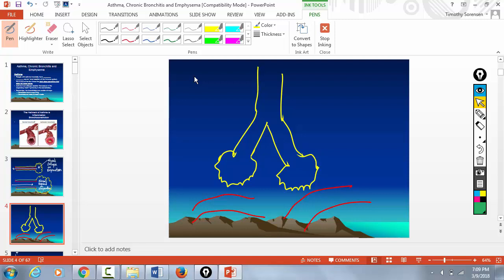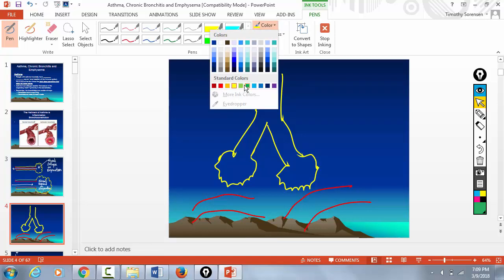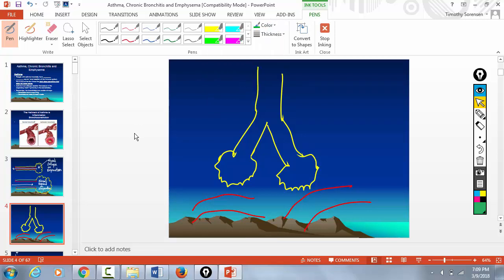So these people, you ever hear a smoker cough in the morning? Then they turn red. Look like they're going to die. But they don't. So basically they have this overproduction of mucus and inflamed airways, primarily the main stem bronchi and the bronchioles. So I'm saying this green stuff is mucus.